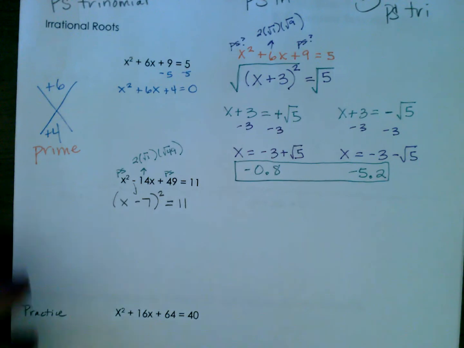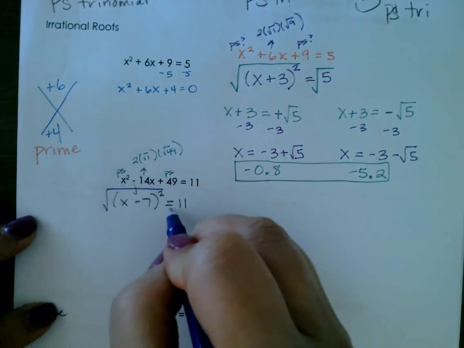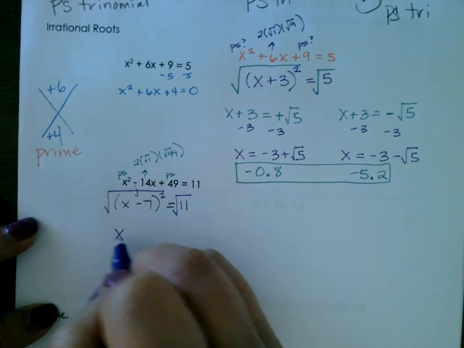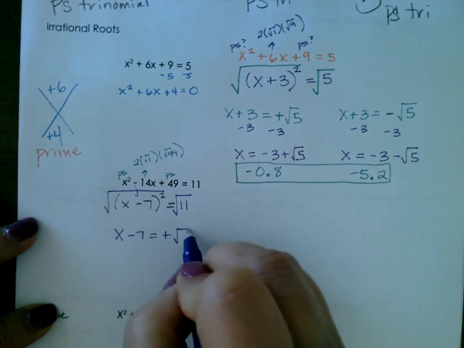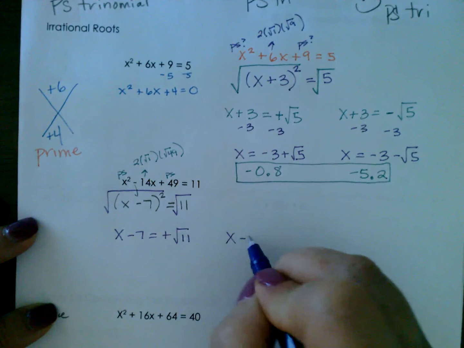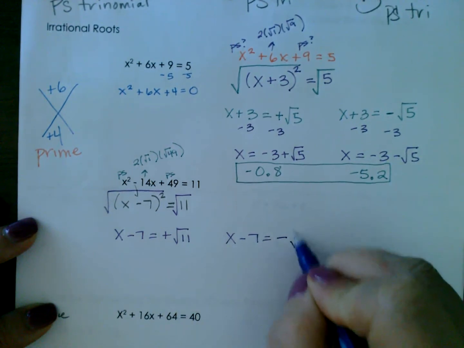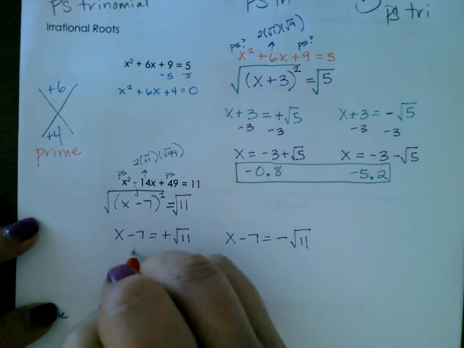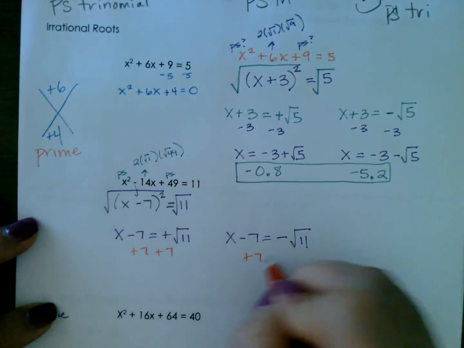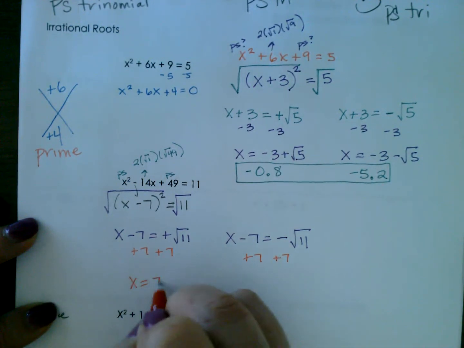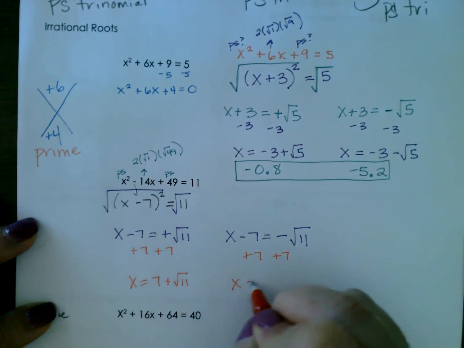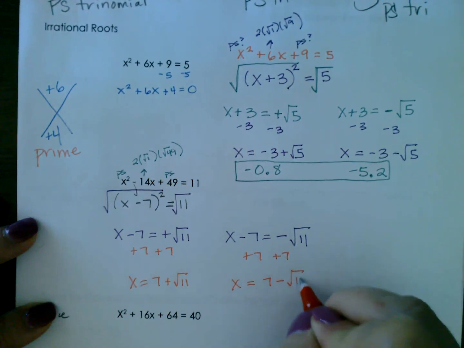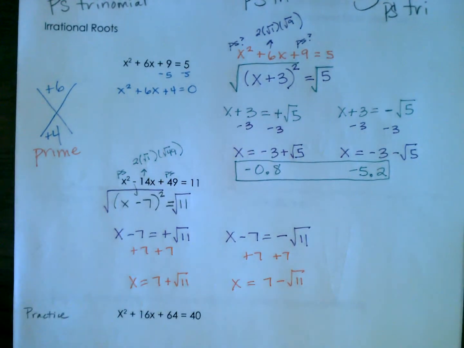Then, thinking back on our square root property, I would take the square root of both sides. X minus 7 equals the positive square root of 11. X minus 7 equals the negative square root of 11. Add 7 to both sides. And then you definitely will need your calculator because the square root of 11 is not a perfect square.